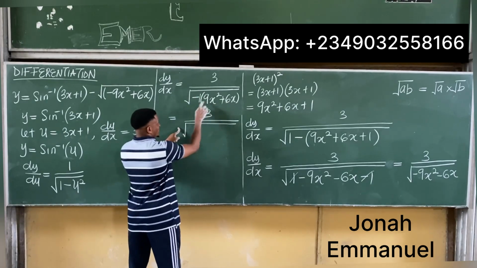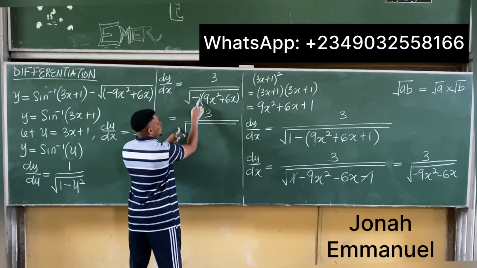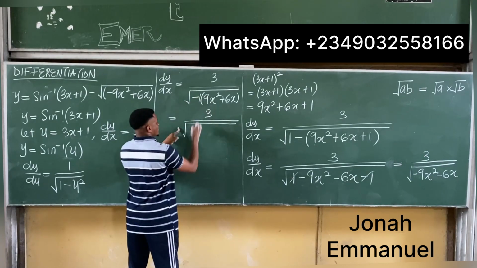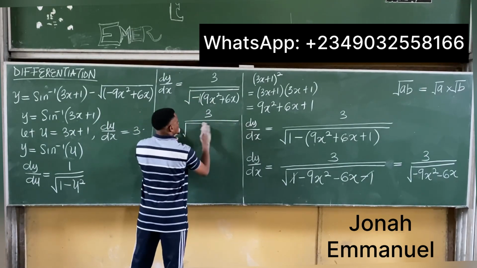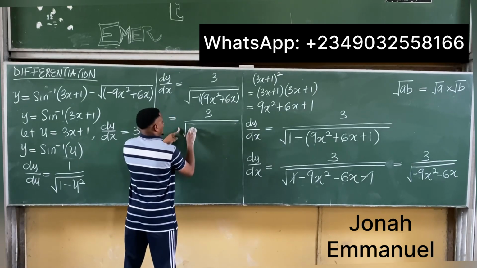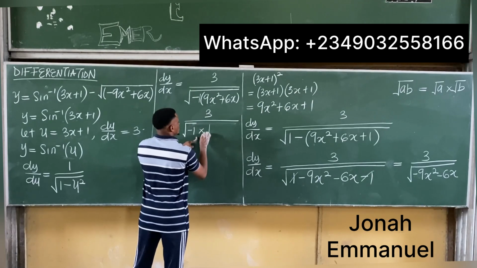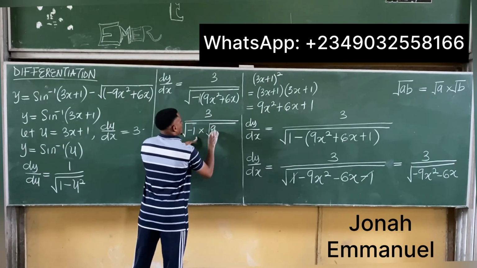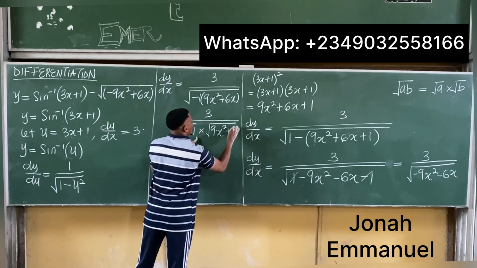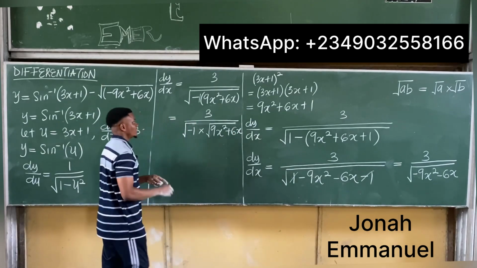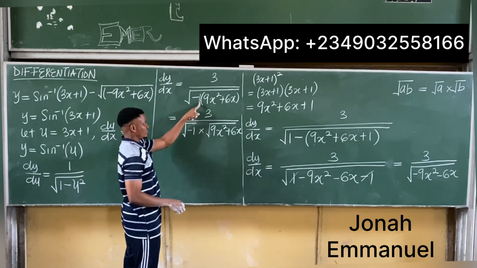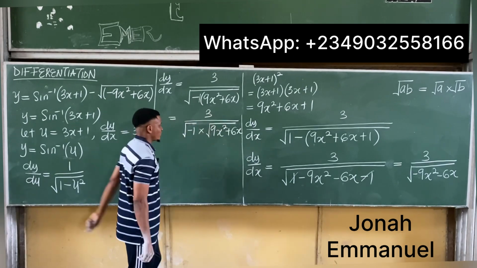In other words, this one becomes root minus 1 multiplying root this. So that becomes the square root of minus 1 multiplying the square root of 9x squared plus 6x. So it becomes square root of this multiplying square root of this. All right, so I have this.